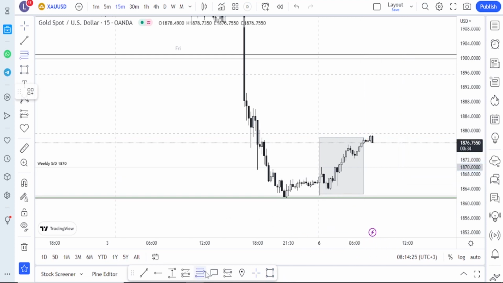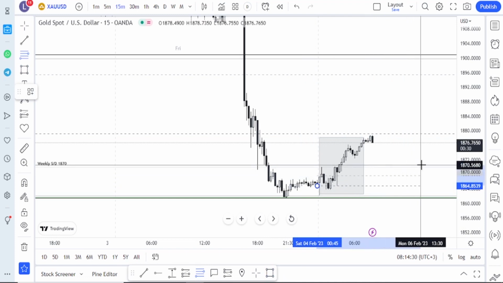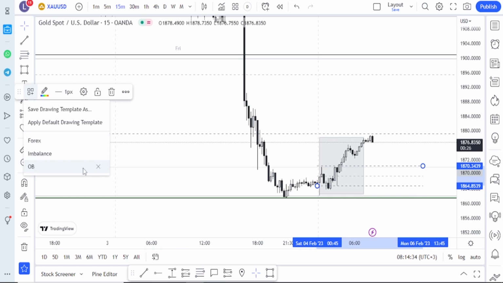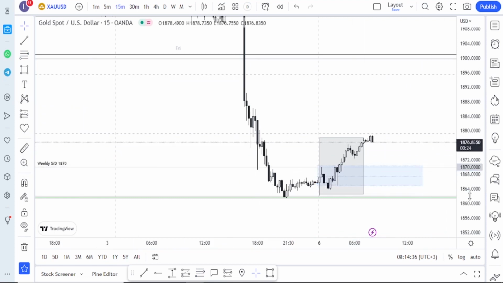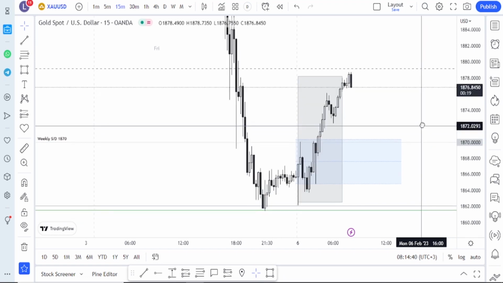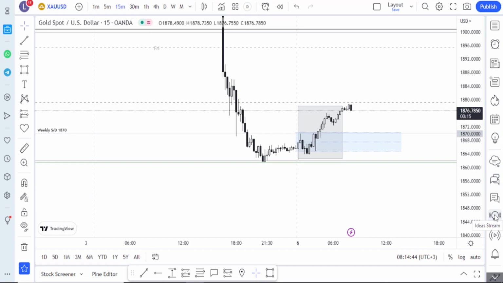The midpoint is this one, which coincides with the 1870 level of supply and demand. So here I'd be looking to buy, but because of this volume, the probability of that happening is not that high.